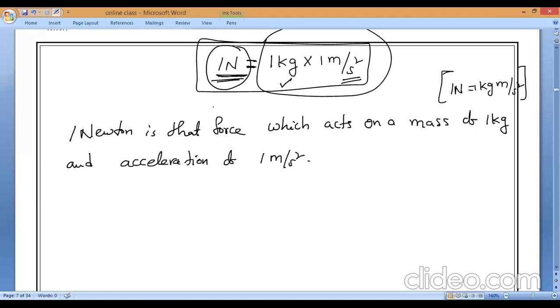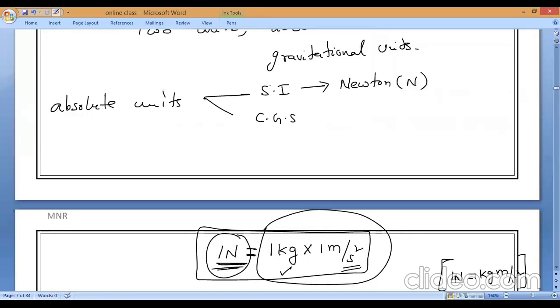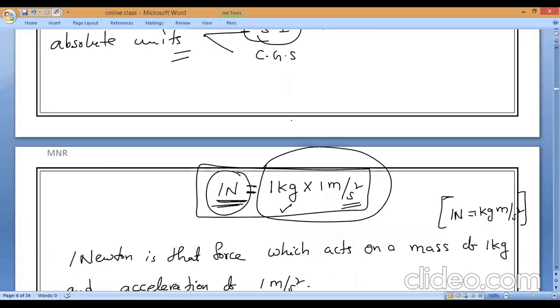That is what we call 1 Newton. So what kind of unit is a Newton? It is an absolute unit in the SI system.